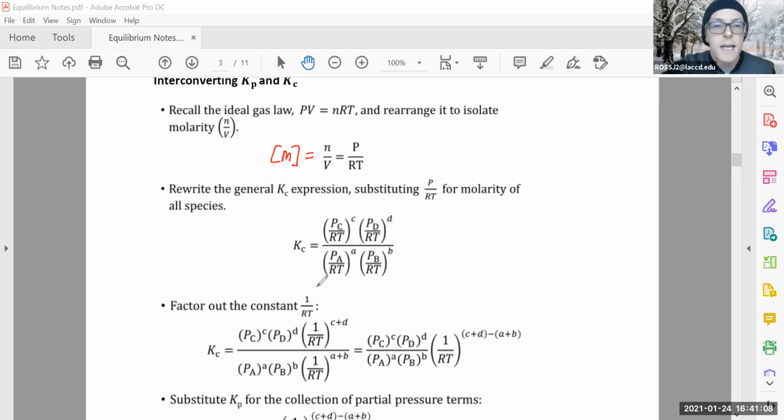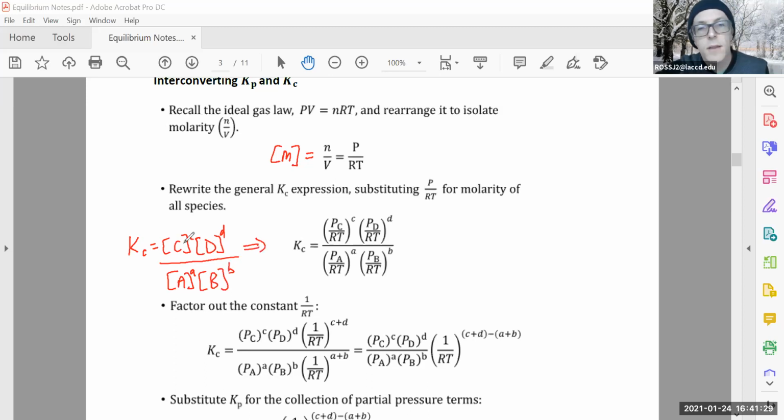So instead of our Kc, which remember was [C] to the cth power, [D] to the dth power, over [A] to the ath power, [B] to the bth power, instead of writing that, we can do it in terms of P over RT.